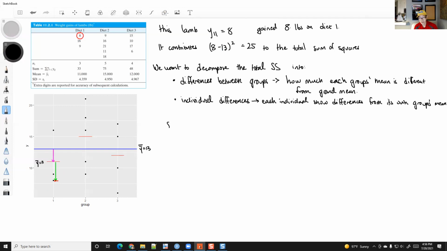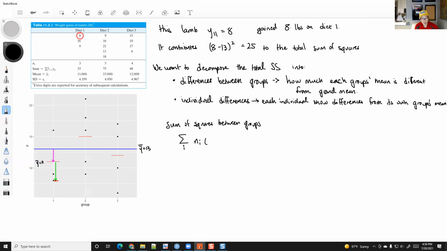So we'll look at the sum of squares between groups. We can say, all right, let's look at all of the individuals in group i, okay?